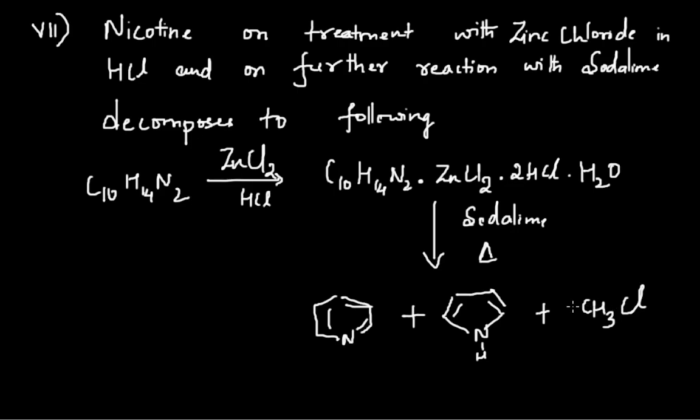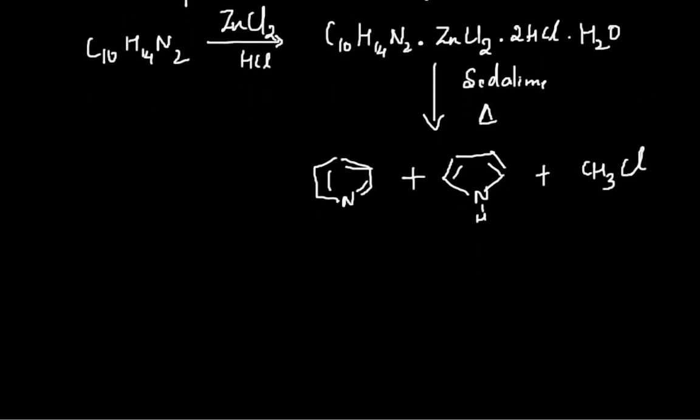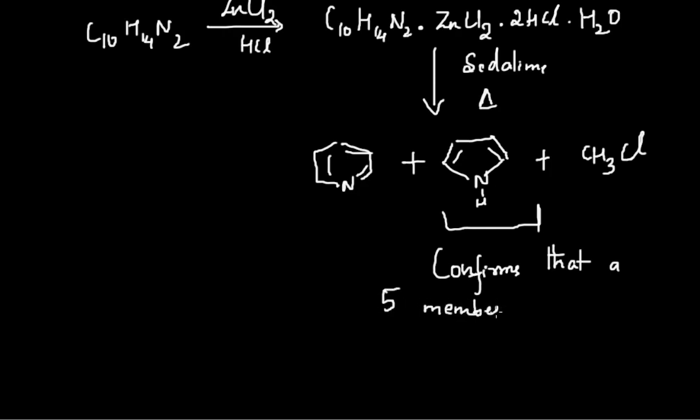Okay, so this pyrrole, remember there we told that there is one double bond equivalence, it could be either a double bond or a ring. So this pyrrole confirms that a 5-membered ring is present in the side chain.